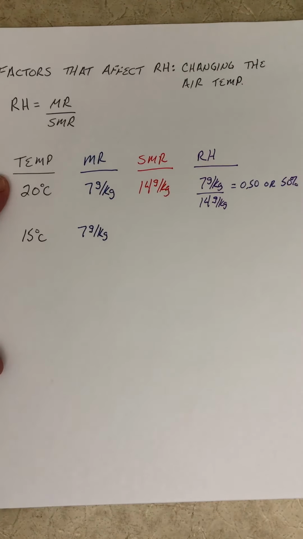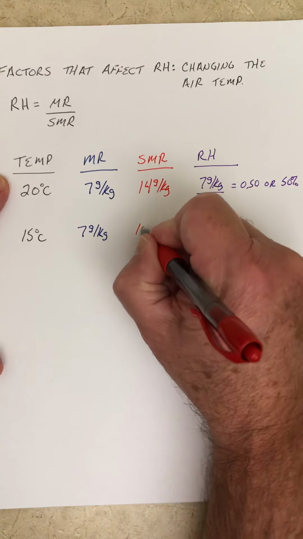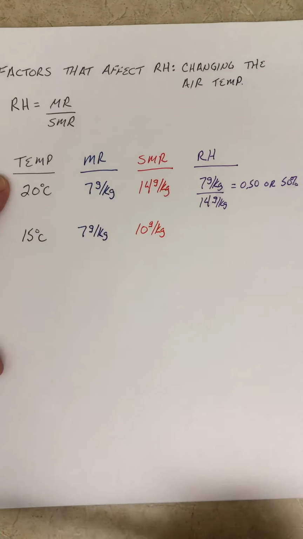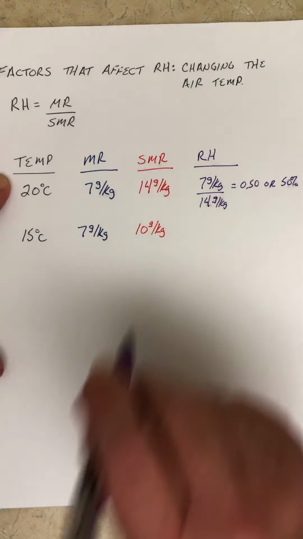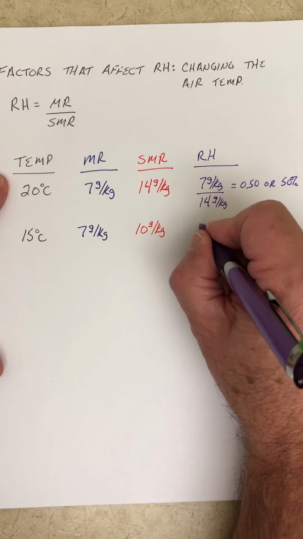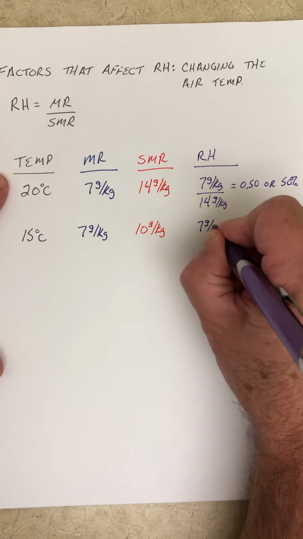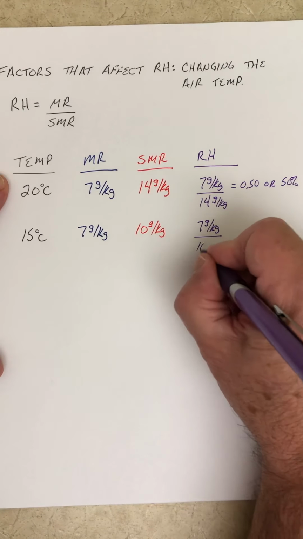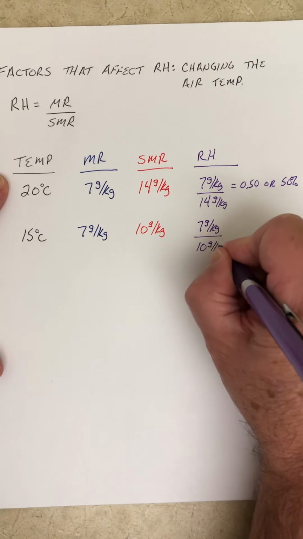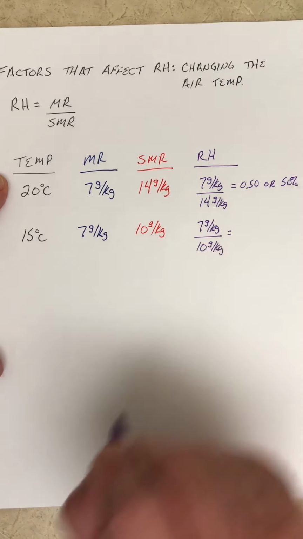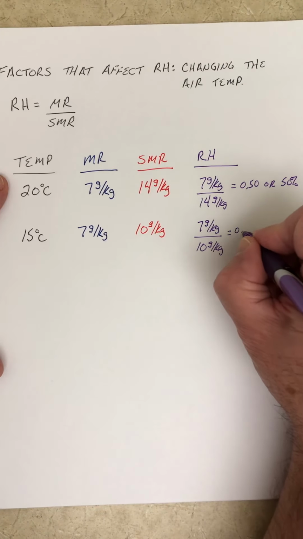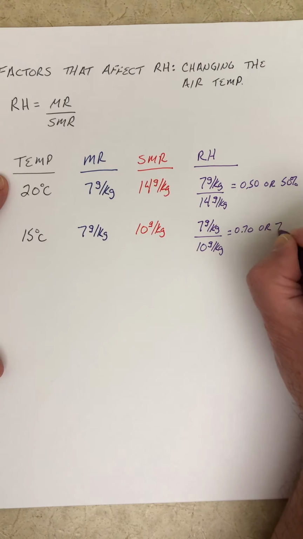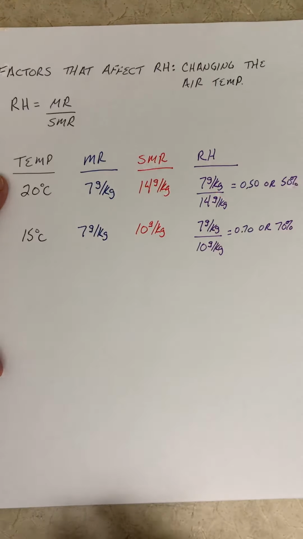Underneath saturation mixing ratio, it's 10 grams per kilogram. Our relative humidity will be our mixing ratio, 7 grams per kilogram, divided by the saturation mixing ratio, 10 grams per kilogram. This gives us a decimal of 0.70, or a relative humidity of 70%.